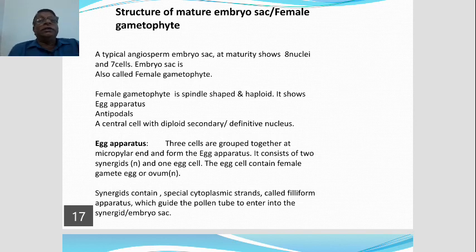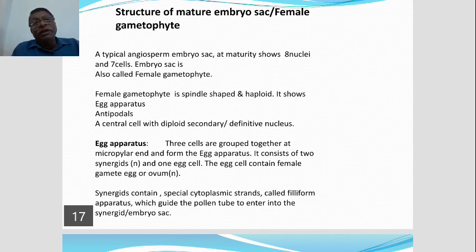Next, structure of mature embryo sac or female gametophyte. It is for 5 marks. Once again, one more question: explain the structure of mature embryo sac. A typical angiosperm embryo sac at maturity shows 8 nuclei and 7 cells.